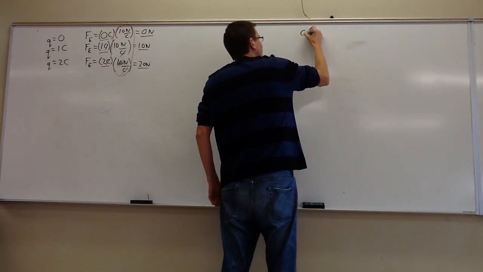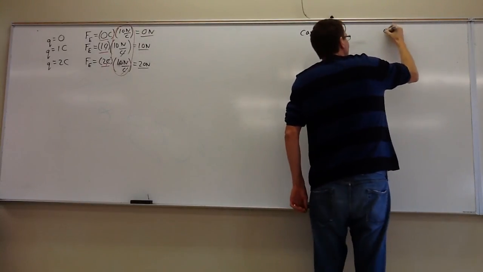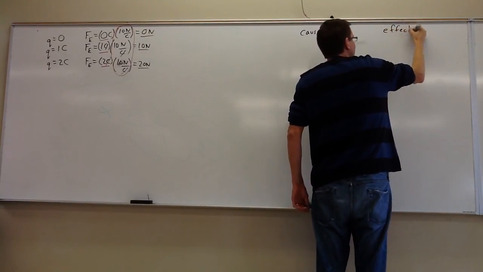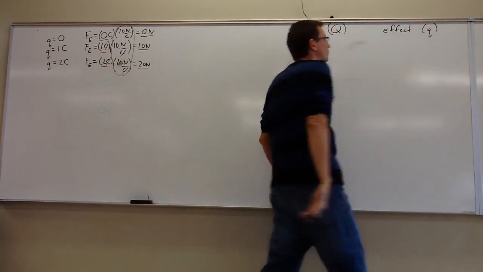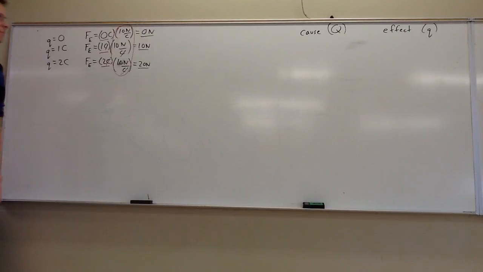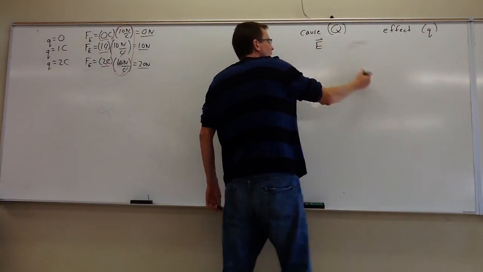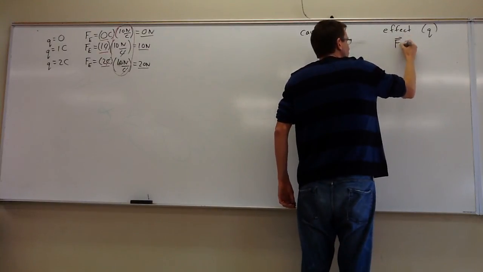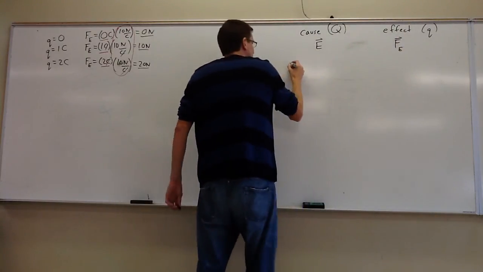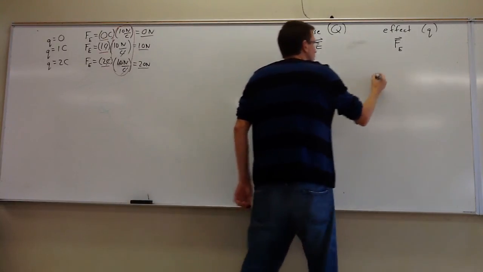We have the cause over here, which is going to be big Q. We have what it affects, or the effect, which is going to be on little q. That's just the labeling scheme that we have. The cause is the electric field, and the effect will be a force. We need to talk about size and direction for both of them.